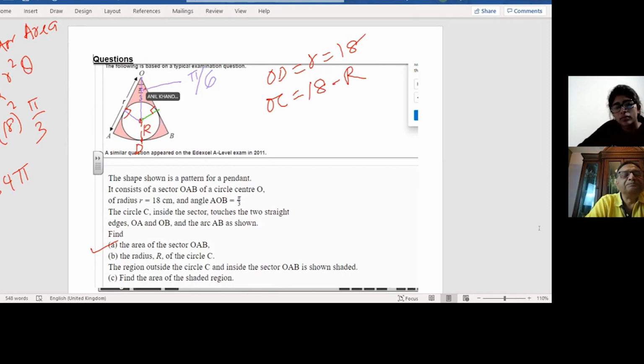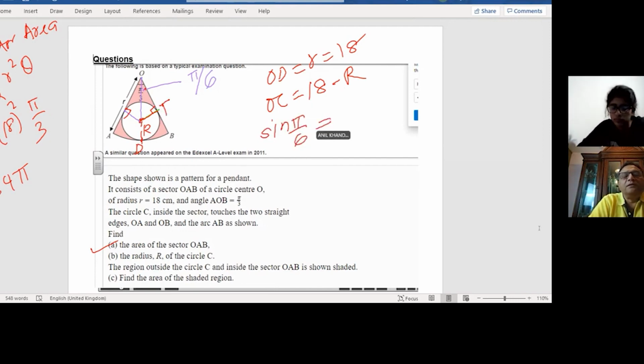We know the angle. Now, this is R, and we know two sides of this triangle. One side is R, the other side, let's call the point where it is tangent T. So what is sine of pi by 6?